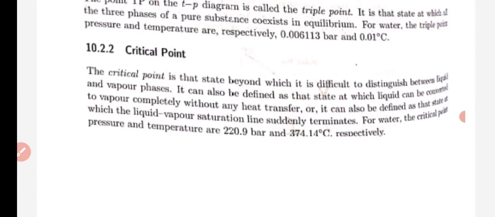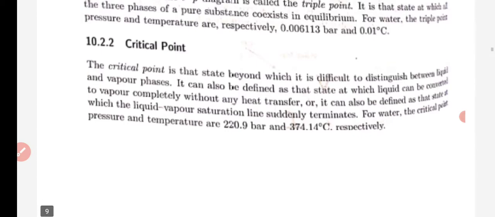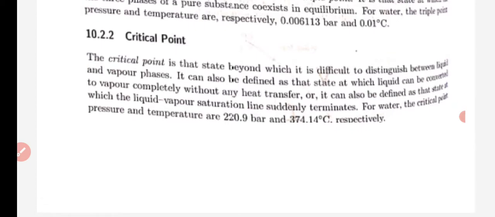So what is the critical point? Critical point is that state beyond which it is difficult to distinguish between liquid and vapor phases. It can also be defined as that state in which liquid can be converted to vapor completely without any heat transfer, or as that state in which the liquid vapor saturation line suddenly terminates. So you can't distinguish between liquid and vapor phases at the critical point.